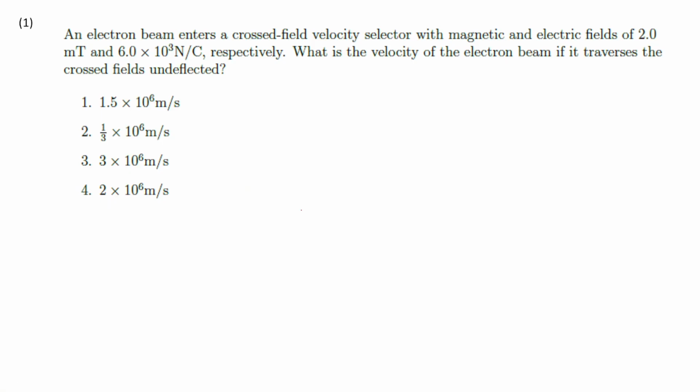The cross field velocity selector means the electric and magnetic fields are perpendicular to each other. So if the magnetic field is along this direction, let's say, and the electric field is along this direction, and this is the perpendicular electric field, and the electron beam enters this particular field with some velocity.